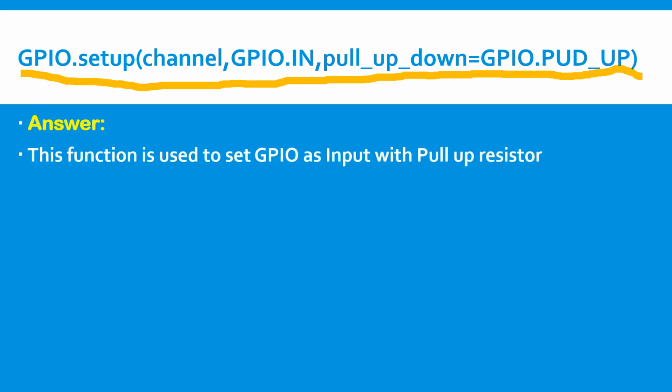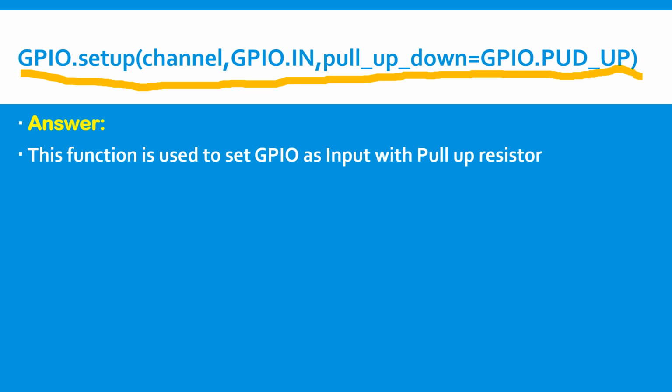Now the next GPIO function is GPIO.setup(channel, GPIO.IN, pull_up_down=GPIO.PUD_UP). So let's talk about this function.